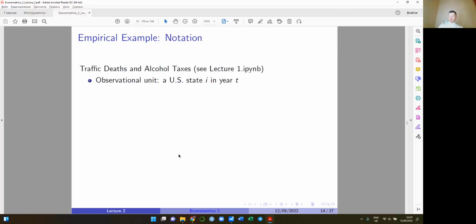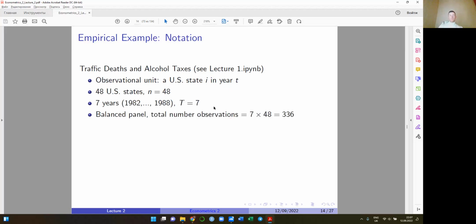So in our example, when we talk about the dataset on traffic deaths and alcohol taxes, the observational unit is the United States state i in year t. We have 48 states, we have 7 years, and the panel is balanced. We have the full set of observations for 7 years over 48 states.